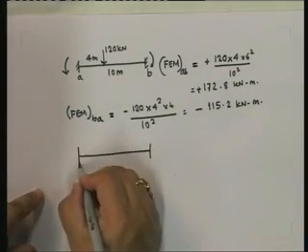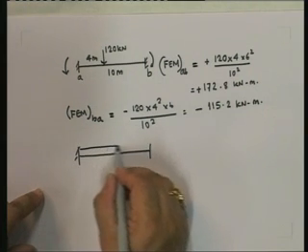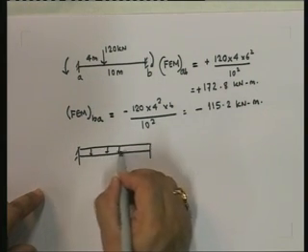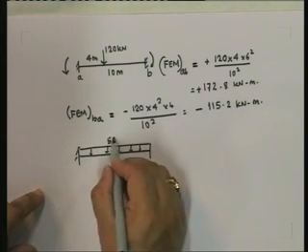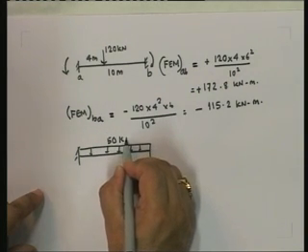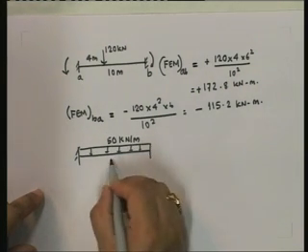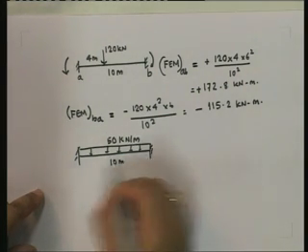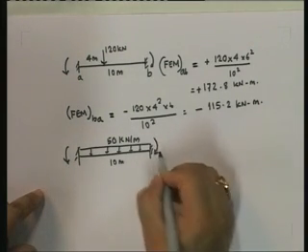Similarly, I can find out on member BC, what is the loading? The loading is 50 kilonewton per meter. This is 10 meter. So these are going to be this way.